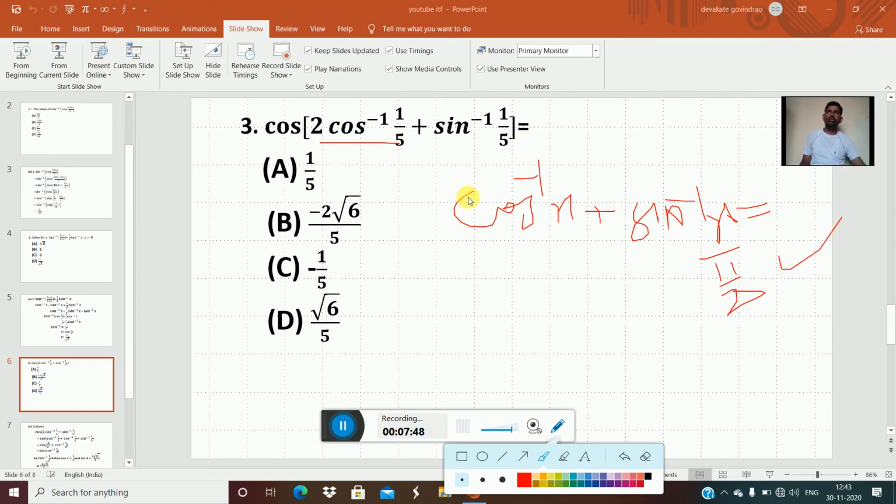We are using this formula. Finally we got cos inverse x plus sin inverse x is equal to pi by 2, so finally we got the result.